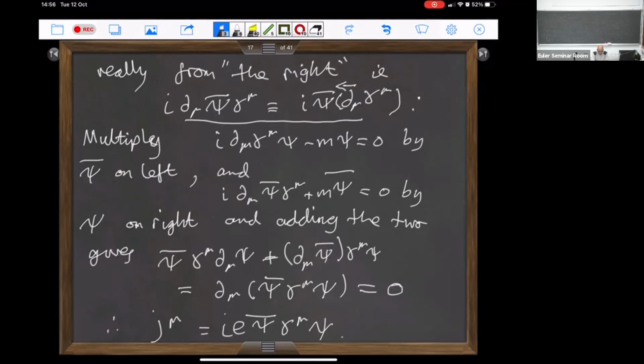And we end up with a conservation law. So the current is formed by the thing in brackets in the last but one equation, which is psi bar gamma mu psi. And if we include the charge, we get the quantity J mu that deserves to be called the current.